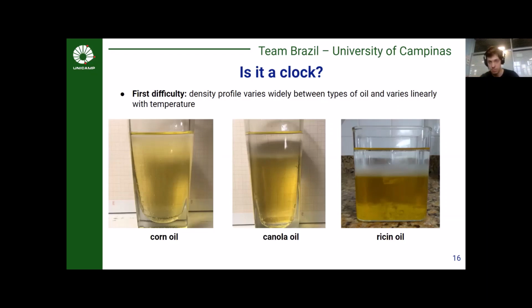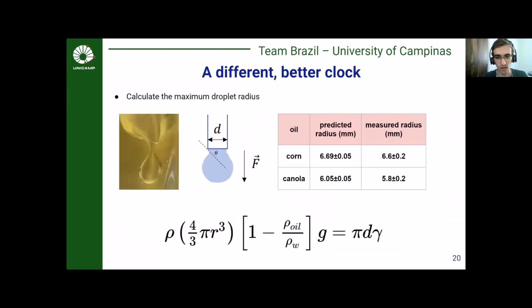Yes, correct. So let's try to find what the parameters are when this drop will separate, because it can't grow to infinity. It will separate. It's precisely one of the main points of our clock that the droplet will separate when it reaches a maximum size.